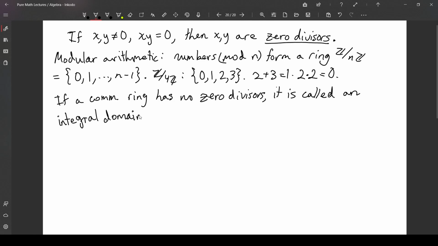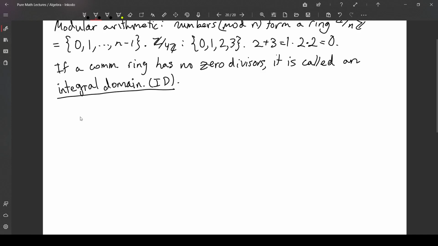The book that I'm going off of, which is Undergraduate Algebra by Lang, he calls it an integral ring. I think I've seen just the word domain used, so cutting out integral, but I'm a little unsure of that. But I will be calling these integral domains, or I will probably just abbreviate to ID. Okay, so this is a definition. All right, we're almost done. It's a little bit longer than I would have anticipated.